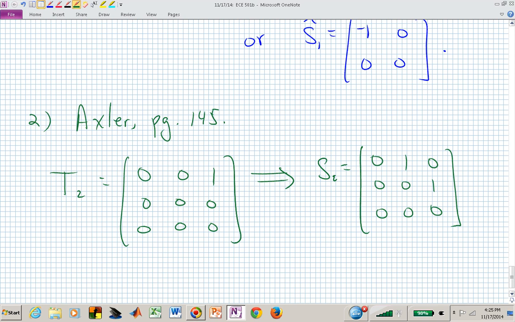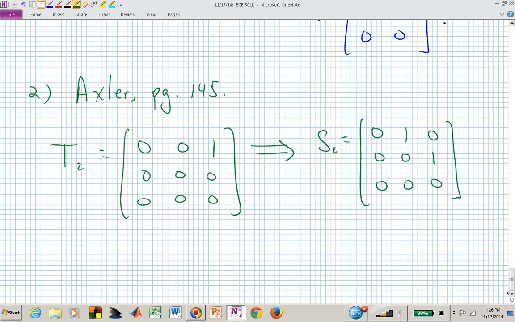And now if you take s sub 2 and square it, you will get t sub 2. The first column obviously is all 0, the second column in s2 squared is just a copy of the first column, which is all 0, and the third column is just a copy of the second column, which gives us our 1, 0, 0, and t sub 2.